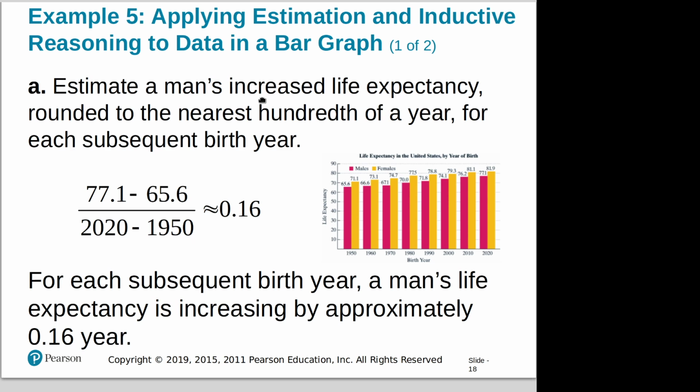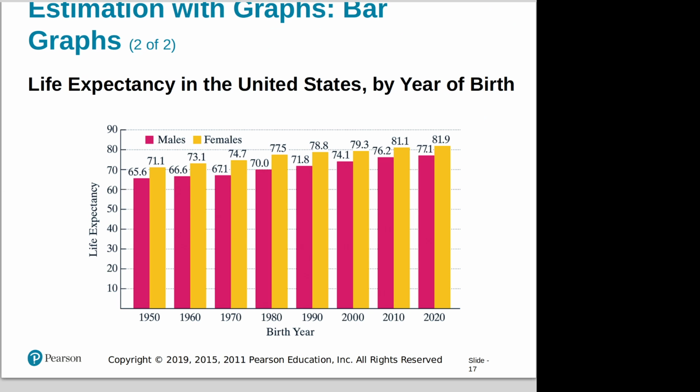And so we can look at a man's increased life expectancy, rounded to the nearest hundredth of a year for each subsequent year. We're looking for the pattern in between these. So if we come back and look at this, if we look at total life expectancy at the end of the graph and the life expectancy at the beginning of the graph, we can take the difference over the number of years.